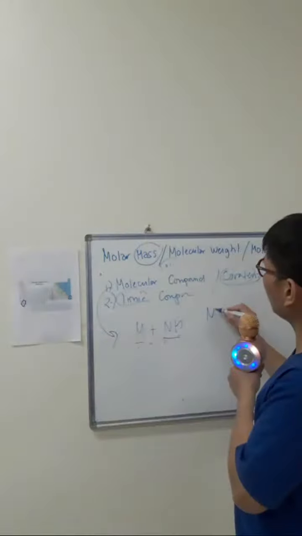And N2O, dinitrogen oxide. So this is for molecular compounds. Sorry, this is non-metal plus non-metal, because the naming is based on the numbers.